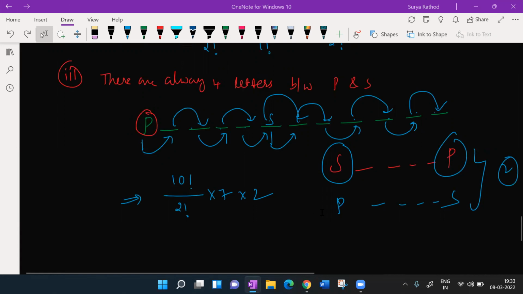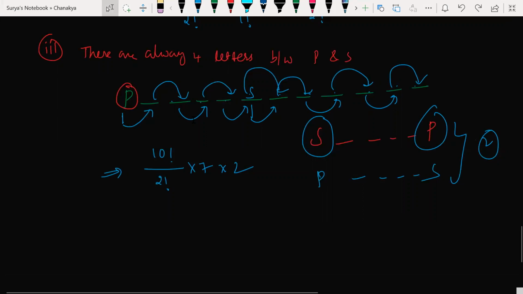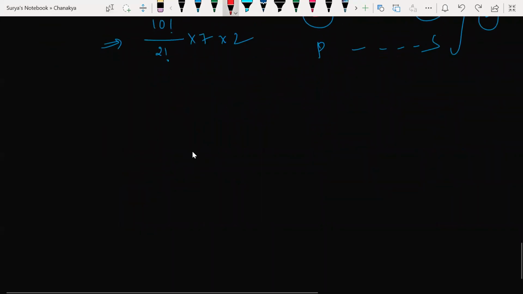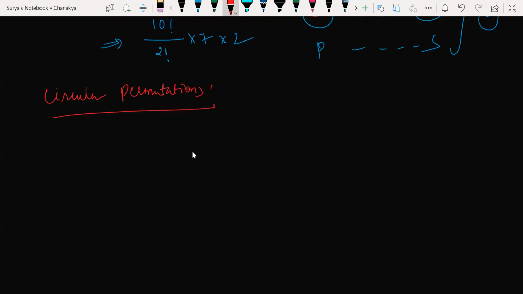Yes. Next, we'll go for circular permutations. Circular permutations. Look at this here. First, the condition. I'm writing the condition.